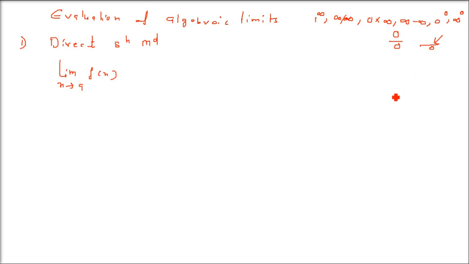This is not a continuous function, whichever we are discussing. It's cut somewhere, or it is not continuous. That is why it is not differentiable. So I was discussing the first method, direct substitution method.